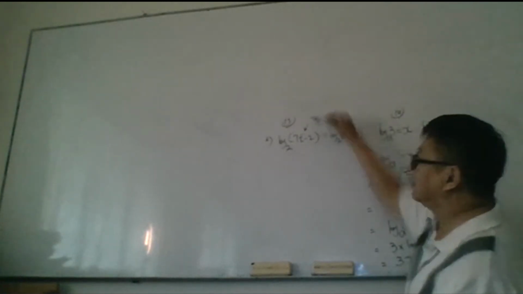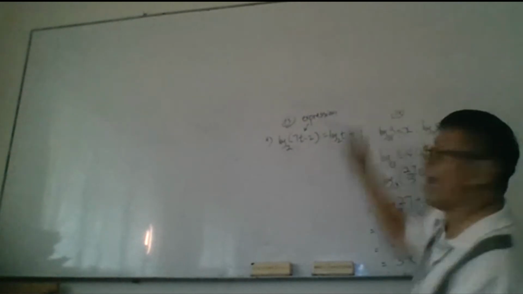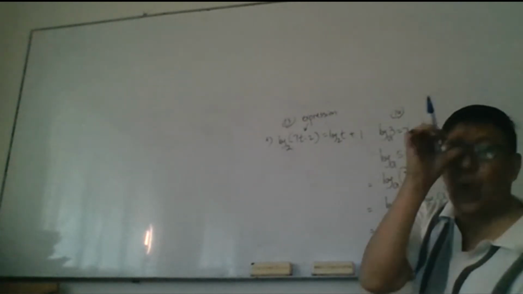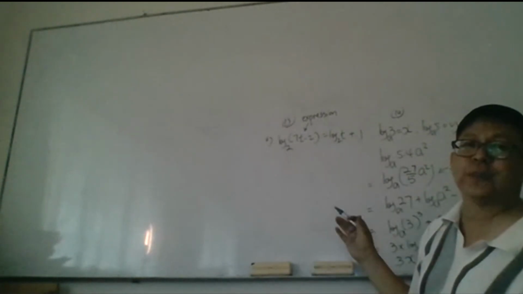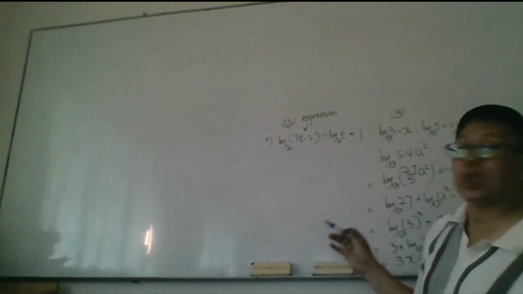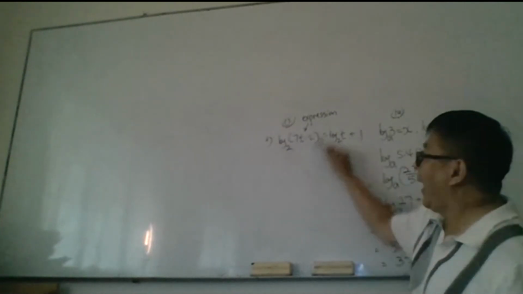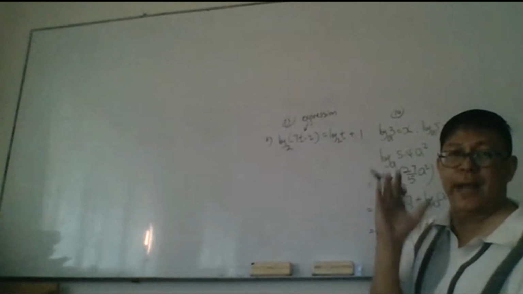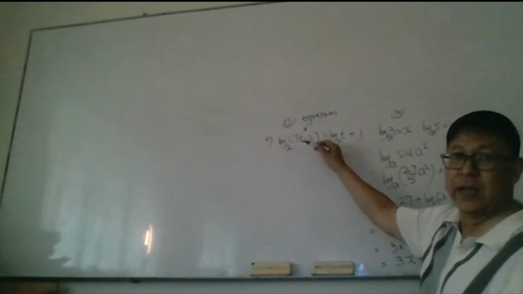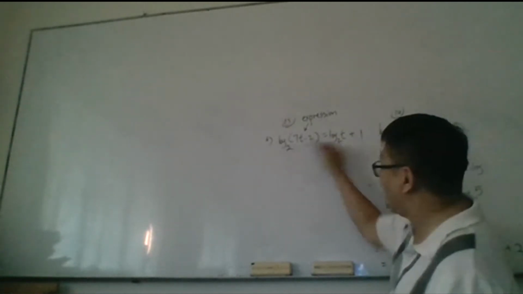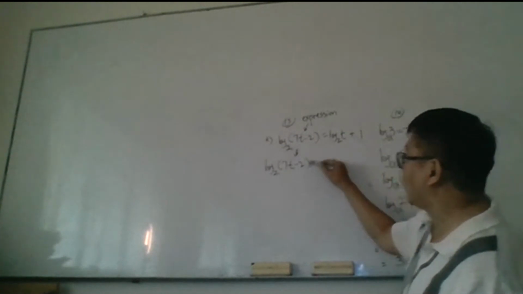I tell you, this is called an expression, a linear expression, and there's no way for you to split this into log 2 7t minus log 2 2. No, cannot. So for an expression, you keep and remain it. Don't interrupt this 7t minus 2. So now I will do that. Log_2 of 7t minus 2 remains.